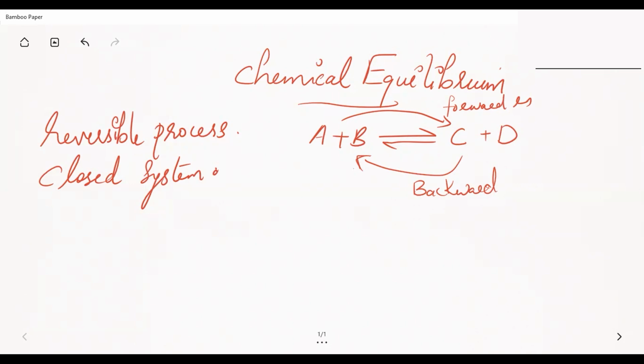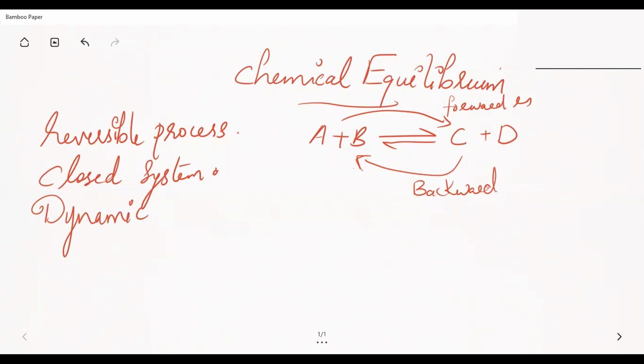And in equilibrium, these opposing processes occur at the same rate, and so we call the equilibrium dynamic. Equilibrium is dynamic in nature.